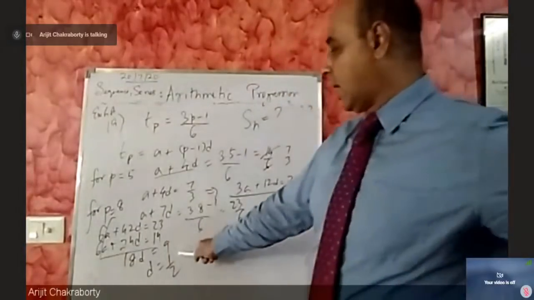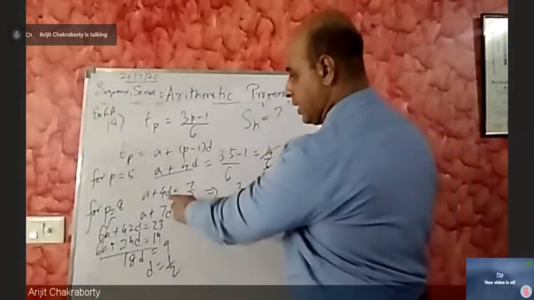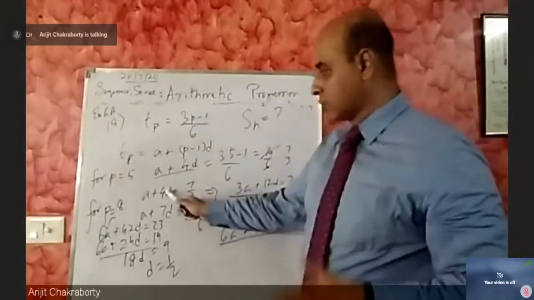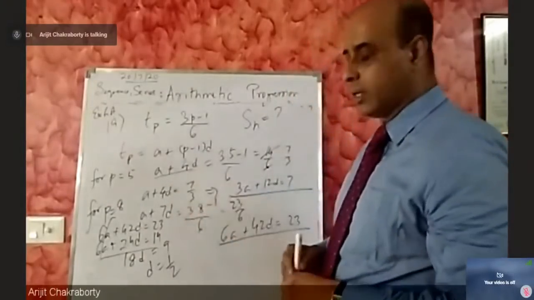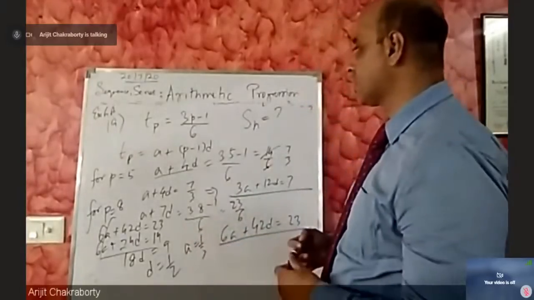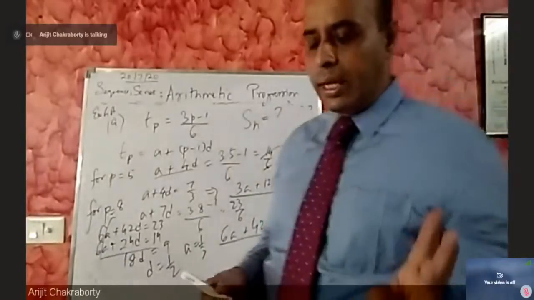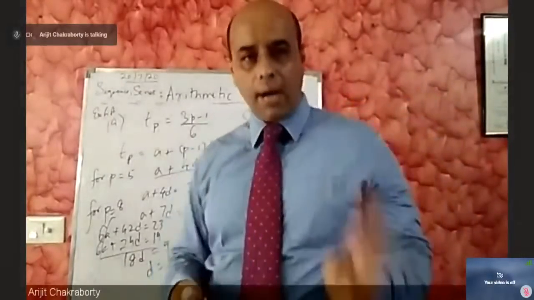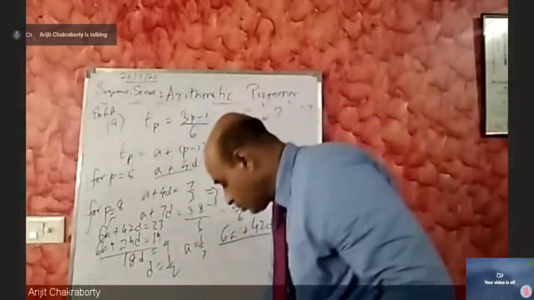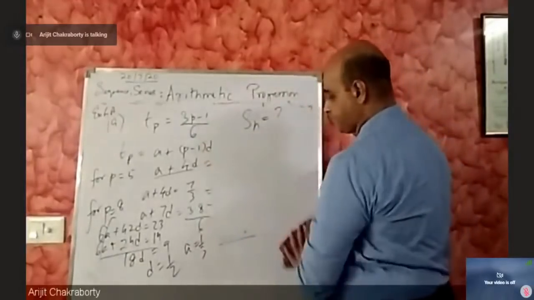If D is equal to half, and if you put the value of D here, A plus 4D is 7 by 3. So D equal to half. If you put the value here, you will get A equal to 1 by 3. So now we have got A equal to 1 by 3 and D equal to half. So what is the sum? Sum we know is the formula.